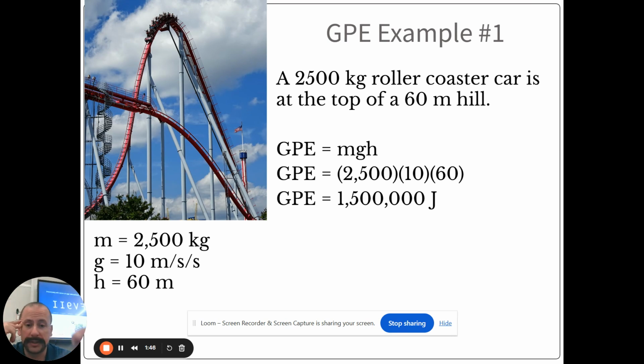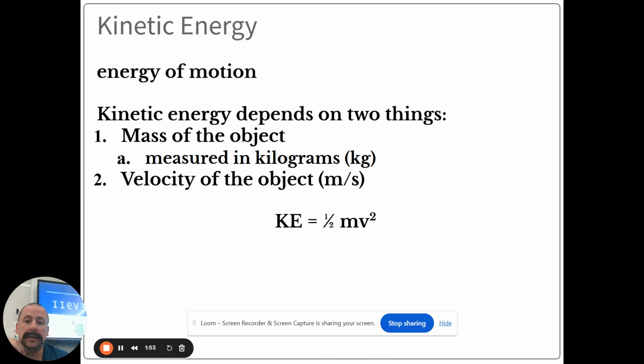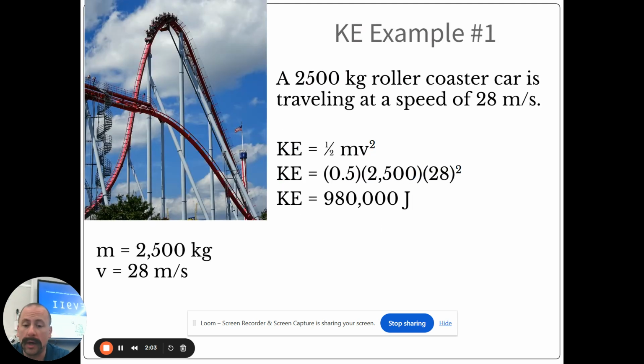The order of multiplication doesn't matter because you're just multiplying those three values together. However, with kinetic energy, because only the velocity gets squared, we have to be very careful. It's not squaring the entire thing. It's only one variable that gets squared by itself.